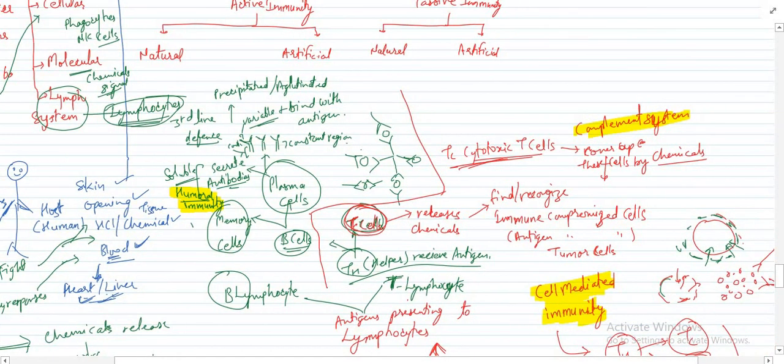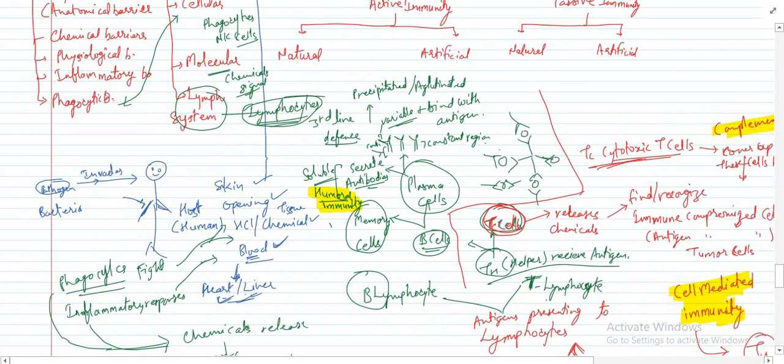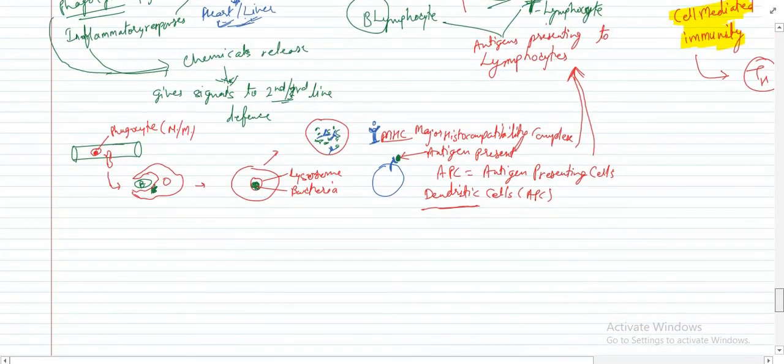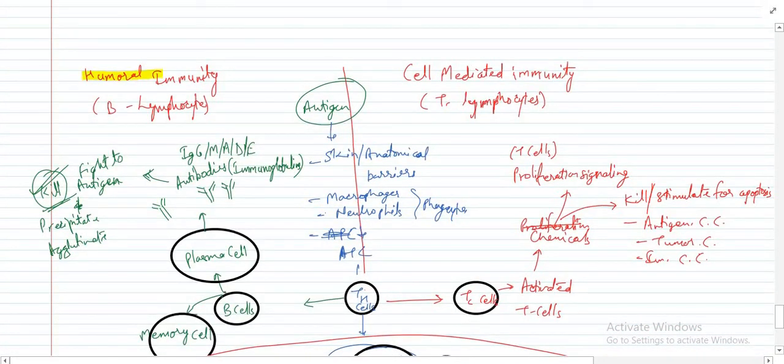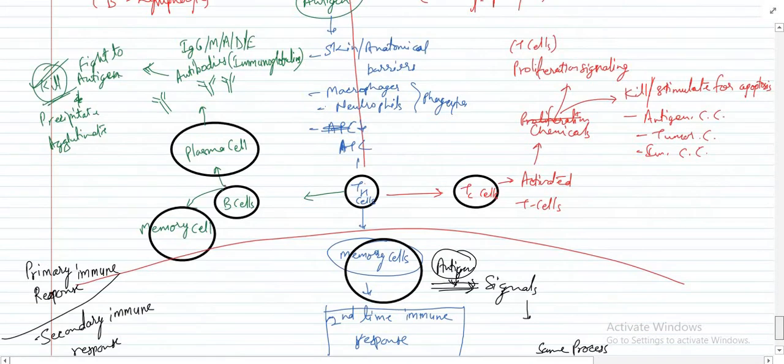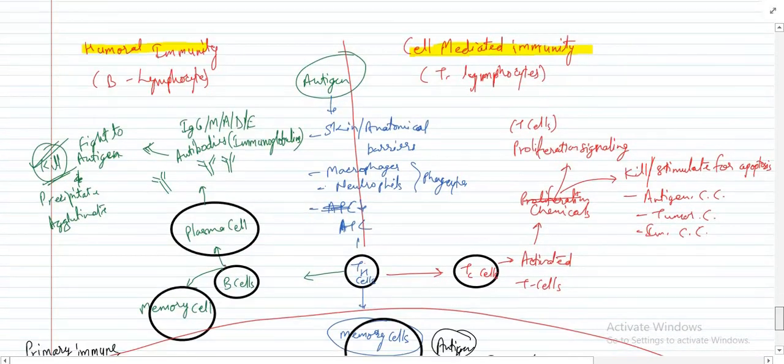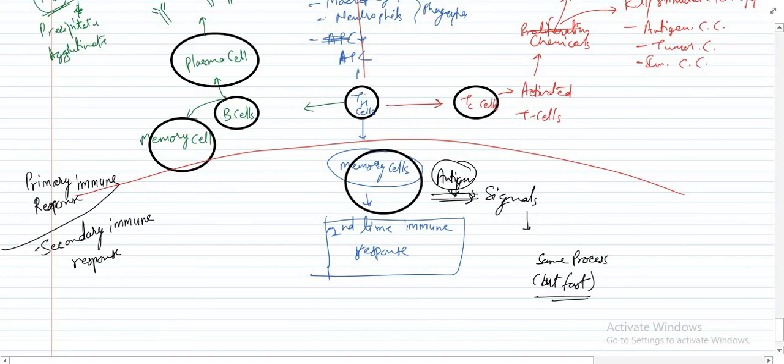After this I made a flow chart side by side so you can easily understand the connections between humoral and cell mediated immunity. And lastly, I discussed the primary immune response above this line and the secondary immune response below this line.